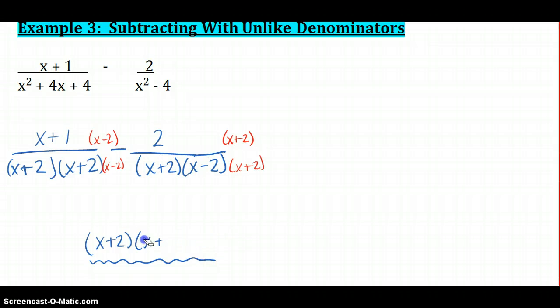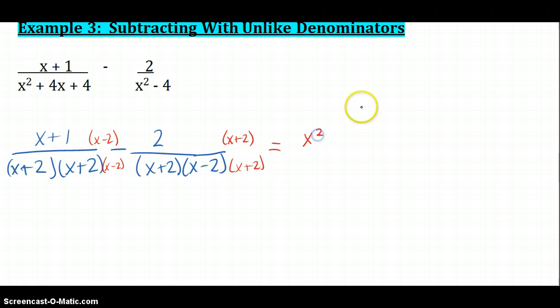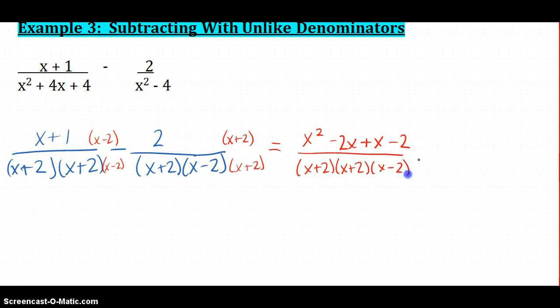And now I'm going to multiply. So if I multiply, I'm going to FOIL this out right away. So I have x squared minus 2x plus x minus 2 all over my common denominator, minus, and here I'm going to distribute my 2 through, so 2x plus 4 over my common denominator.